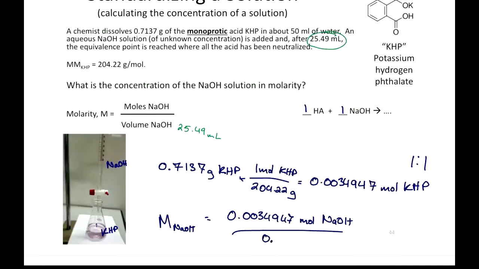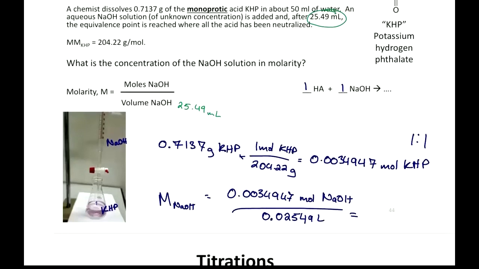Make sure that this is in liters, so 0.02549 liters, and then that will give you the molarity. So you are getting the moles of sodium hydroxide from the mass and the molar mass of the acid that you used. I think the answer is something like 0.1371 molarity of sodium hydroxide.